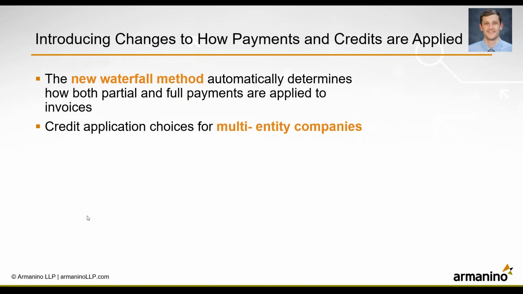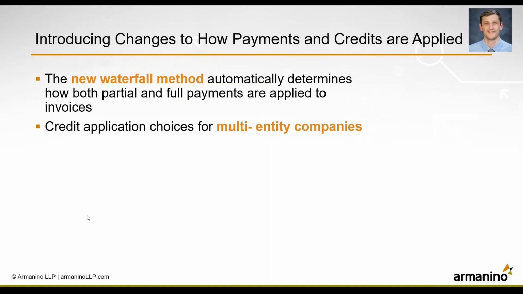First, for multi-entity companies, this new waterfall logic is really going to reduce any number of inter-entity transactions you might have by distributing payments and credits throughout the invoice in a particular order. You're going to wind up with fewer transactions because payments are going to be applied in line item order within the entity itself, before any remainder is applied elsewhere.